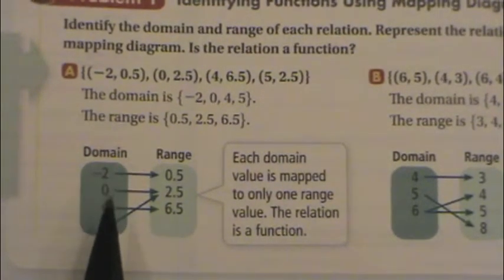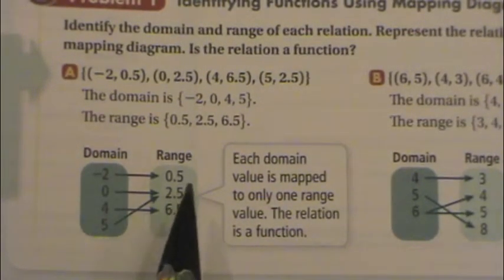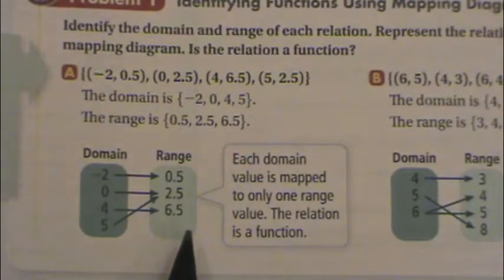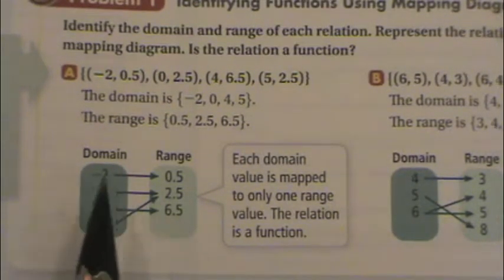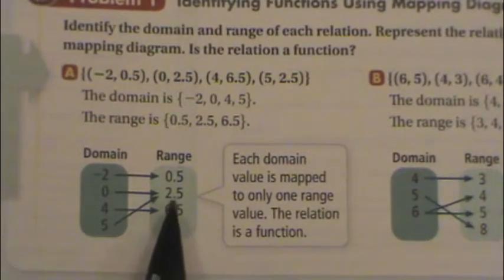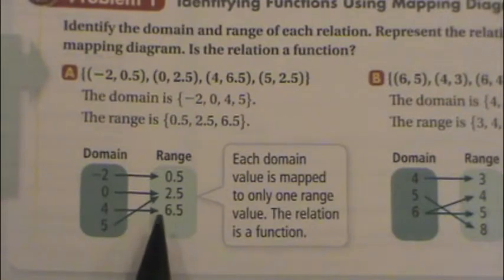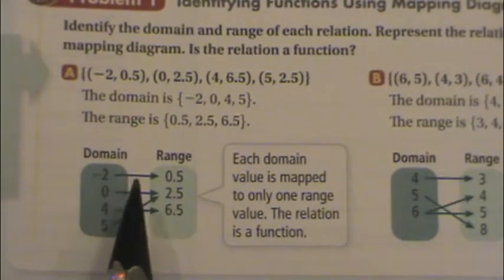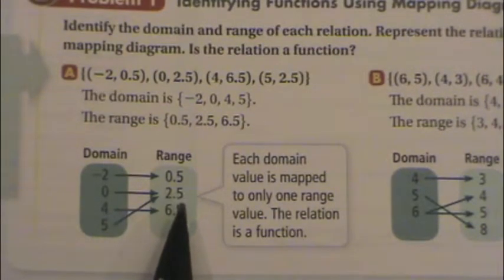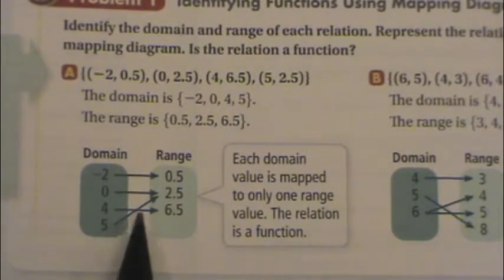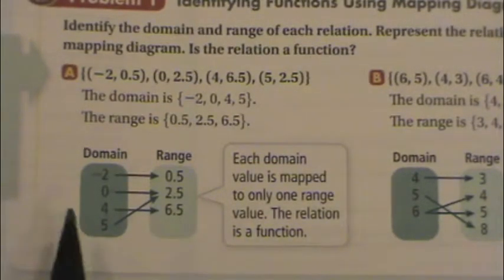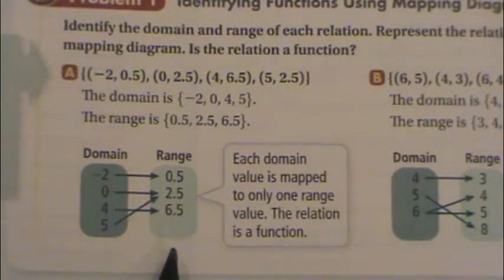Here are all the different numbers in the domain. Here are all the different numbers in the range. And this fits the definition that I just read to you a couple times. Every single domain value is paired with only one range value. This 0 is paired only with 2.5. This 5 is paired only with 2.5. That's okay. This relation is a function.